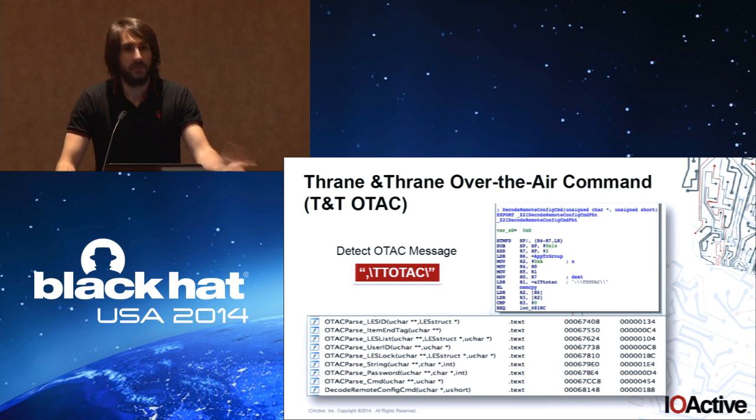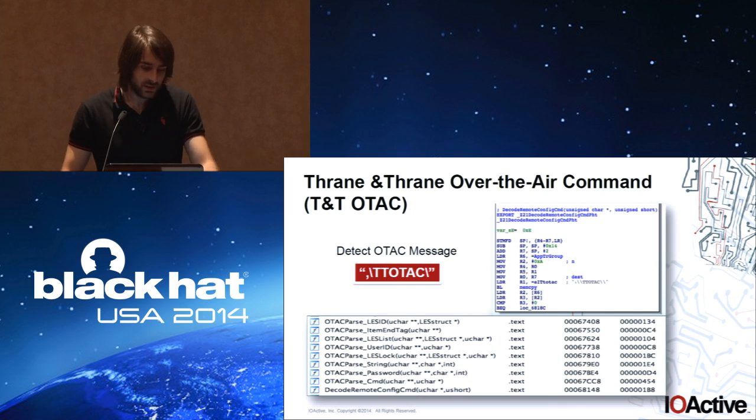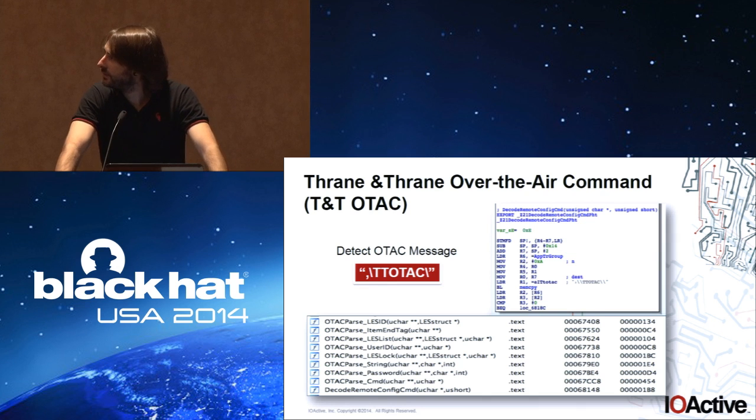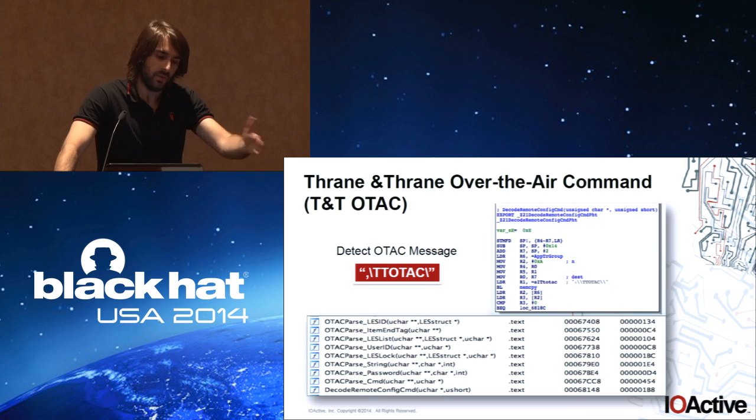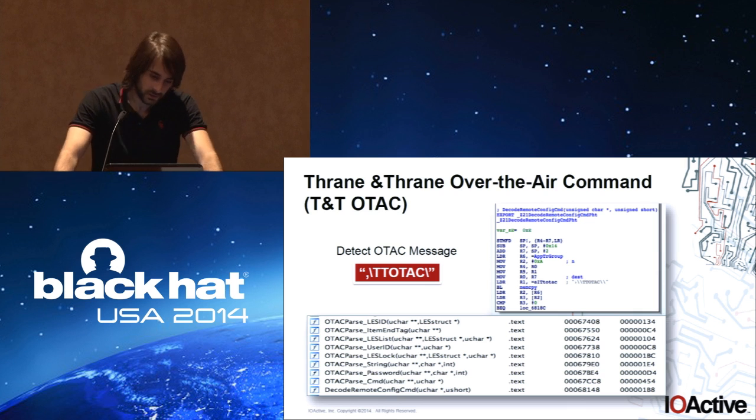So the next step is to find where those remote commands are parsed. Basically, when they detect that a message to that terminal has been received, they try to find that magic, which stands for the Train and Train over-the-air command.